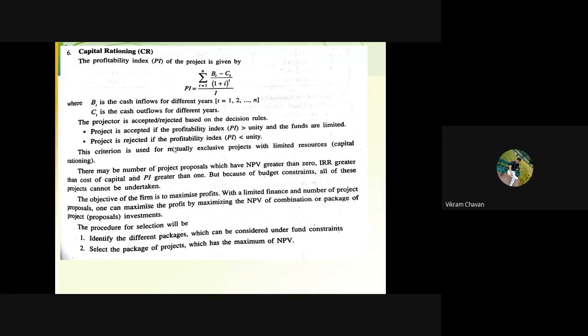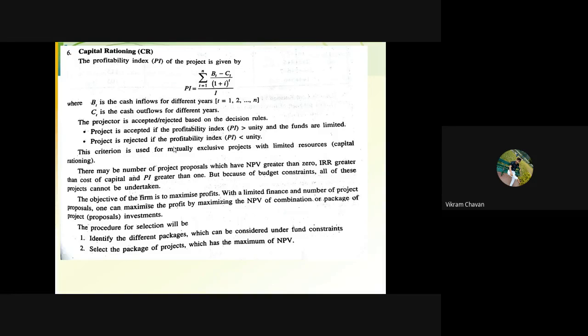Write down the formula and note that if the profitability index is greater than unity with limited funds, then the project is accepted, and if the PI is less than unity, then the project is rejected.